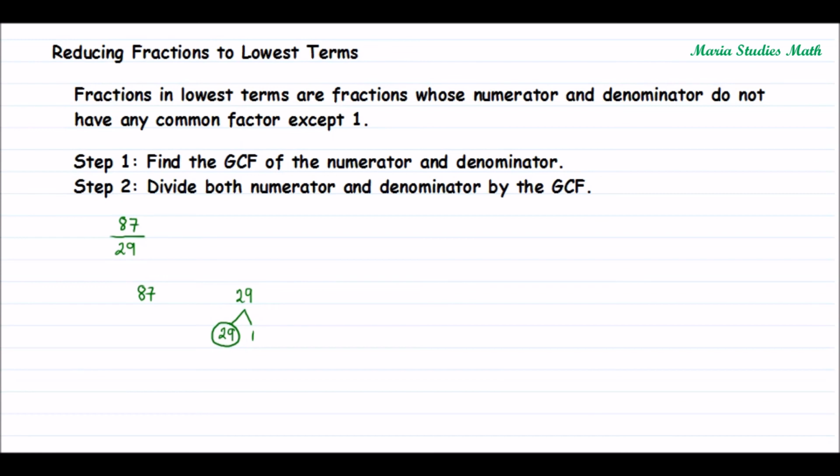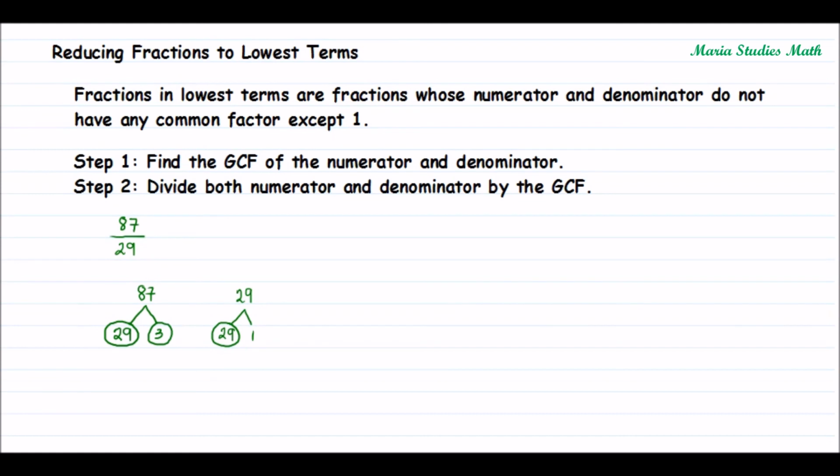Now let's try 87. 87 can be factored as 29 times 3. Why did I think 87 can be divided by 29? Because the denominator doesn't have any other factors aside from itself and 1. Now we have 29 and 3. 29 we identified earlier as a prime factor. 3 is also a prime factor.